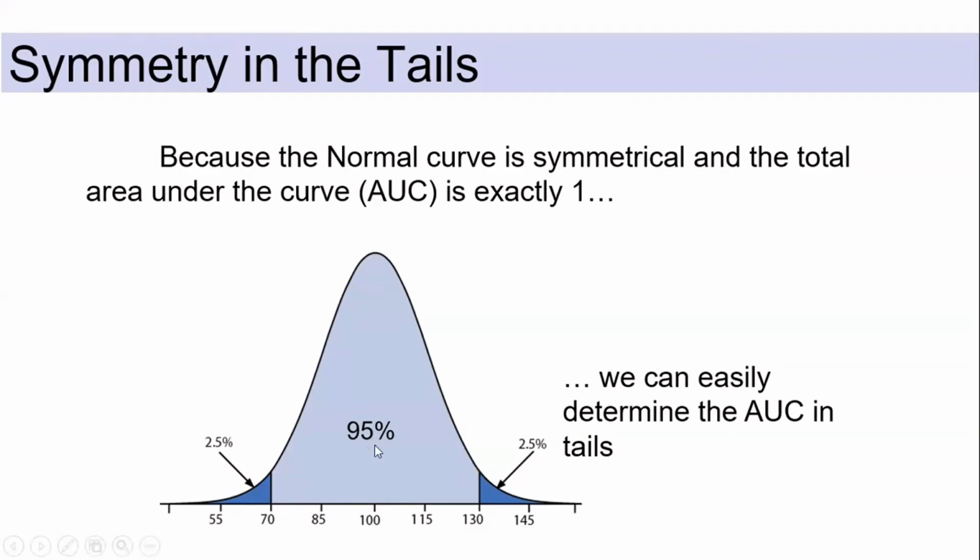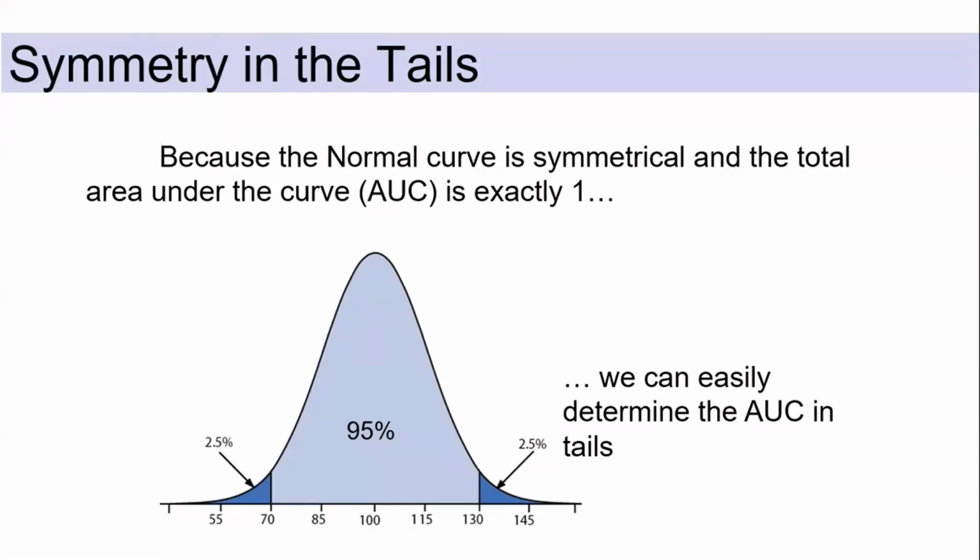So if it's 95% here, then remember the total probability is 100%. So subtract 95. You have 100% minus 95%, that's 5%. But since these two tails are symmetrical with one another, the areas in these two are equal as well.